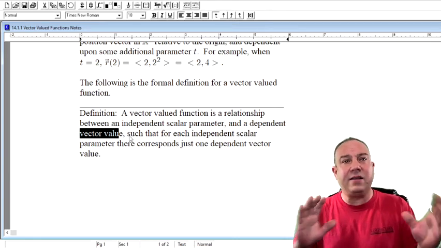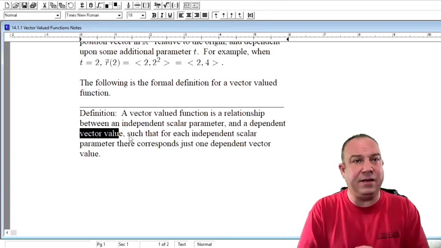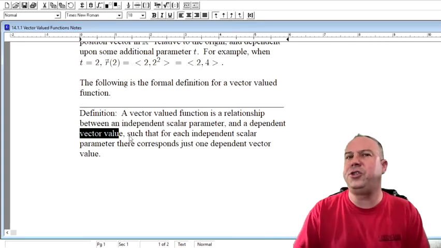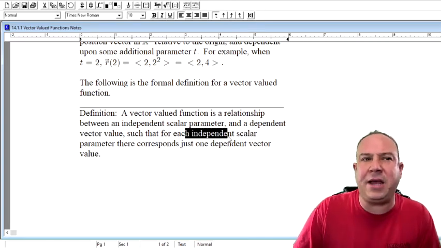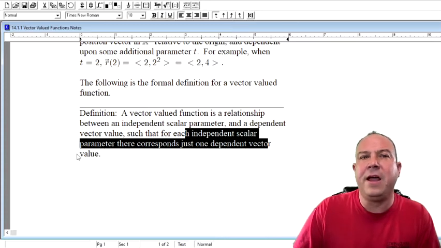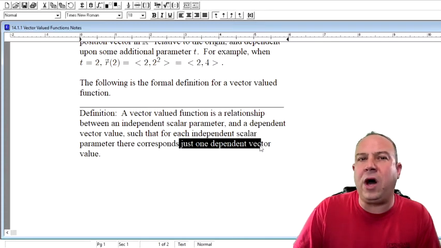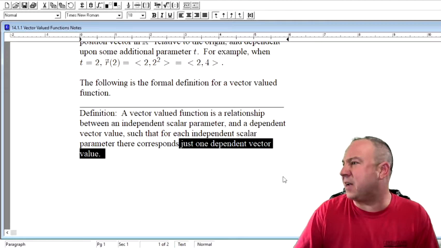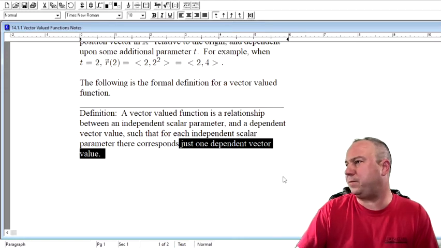And t and r bar of t, right, are in this relationship such that for each independent scalar parameter, there corresponds just one dependent vector value. Right?